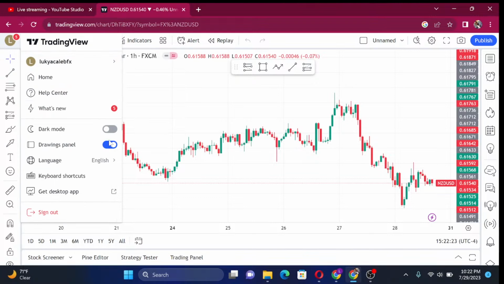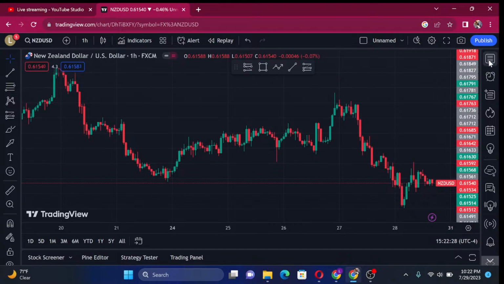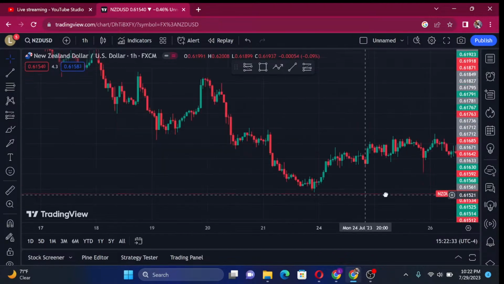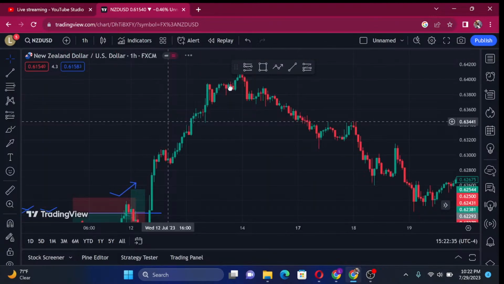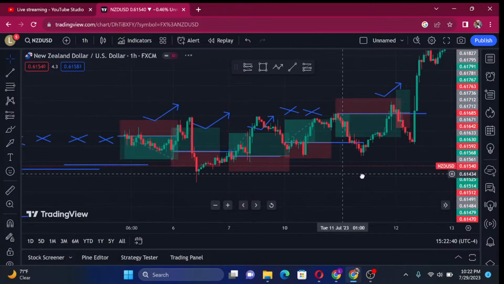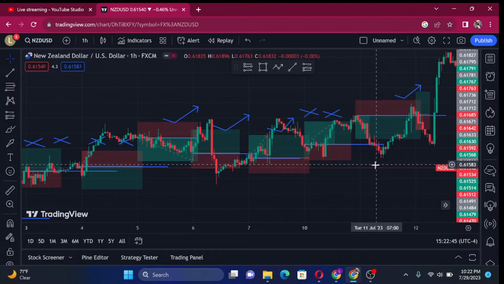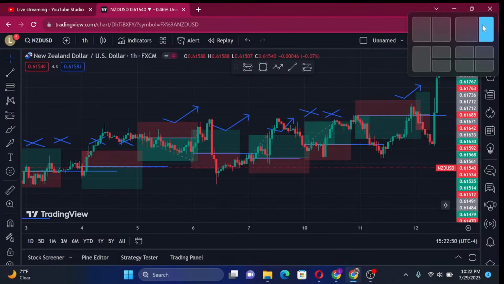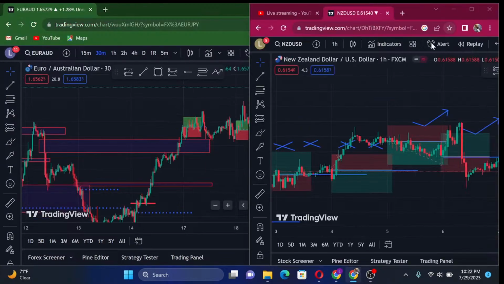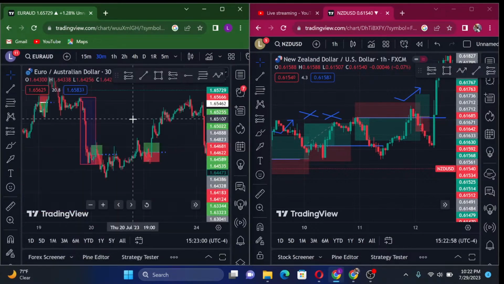If you don't like it, you can put a comment down below. Okay, this is NZD/USD, so this is what I wanted. Let's go to the back charts. This is what I want to show you. I did this analysis some time back, and it was working quite well. Okay, let's put this right here, and then we have also this one right here.